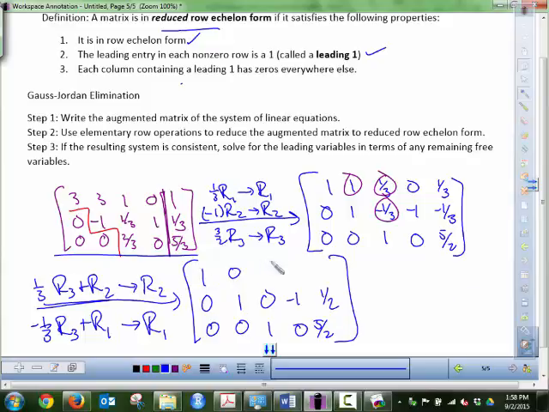And then now I have a 1, 0. Oh, that's not a 0 yet. 1, 1, 0. And this is 0 and 0, so that didn't change. And this is -1/3 plus this. What?